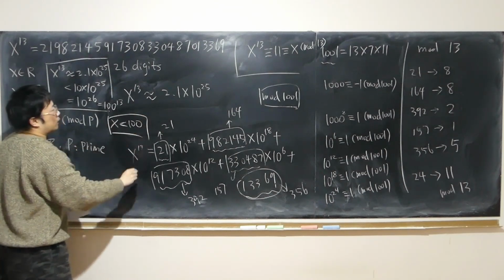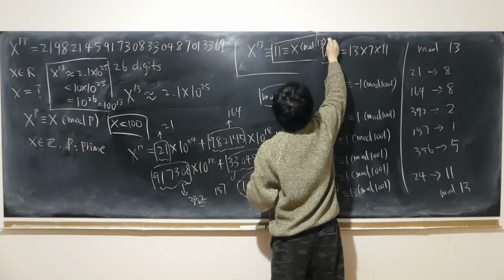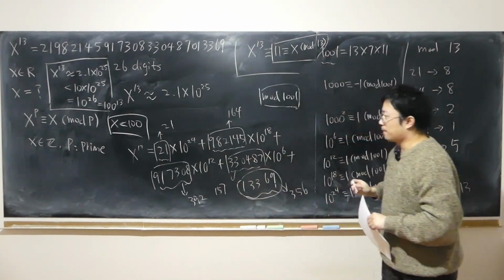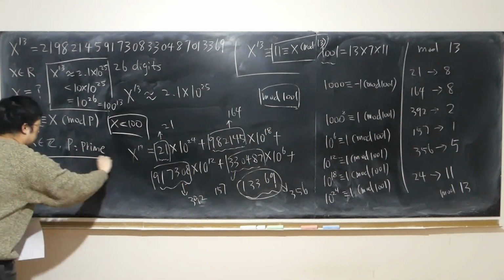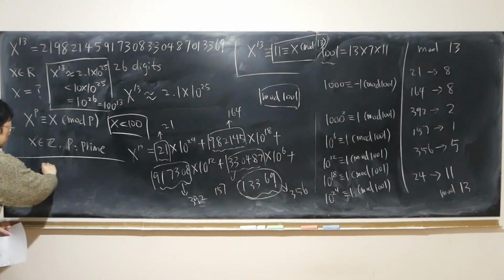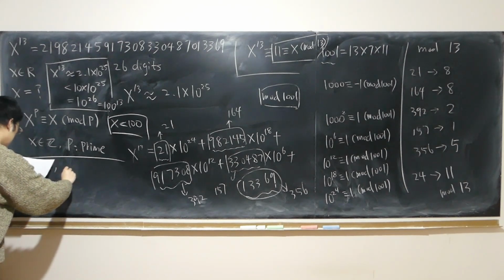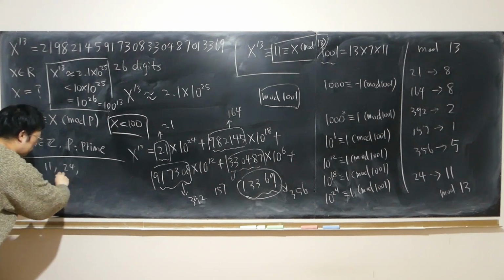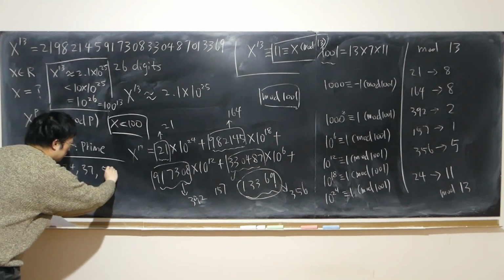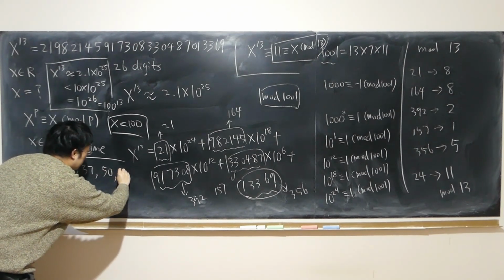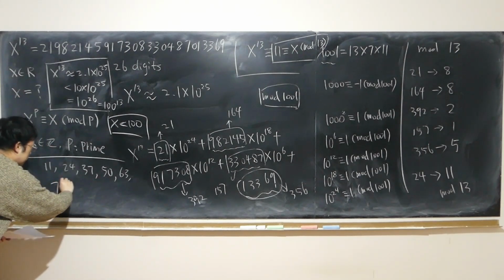And x has a remainder of 11 when divided by 13, right? Not too many possibilities, right? X can either be 11. 11 plus 13 is what? 24. 24 plus 13, 37. 37 plus 13, 50. 50 plus 13, 63. 63 plus 13, 76.